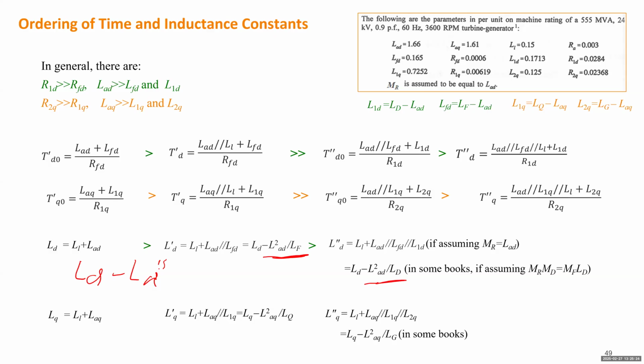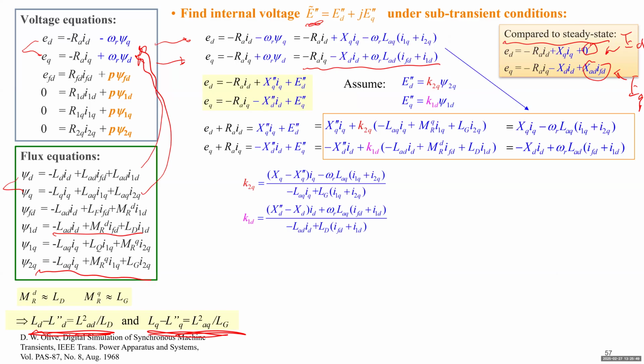Similarly, you can compare LD prime and LD double prime, and do the same for the Q axes. Which means later, if you need such a comparison, to tell the difference between LD or LQ with different dynamics, this assumption makes the formula much simpler. So here we're going to utilize this approach to make the derivation simpler. If you don't make this assumption and use the original one, it also gives you another set of models, but I tell you, it will have the same level of accuracy.